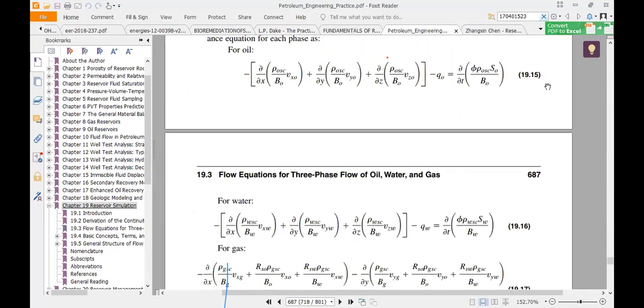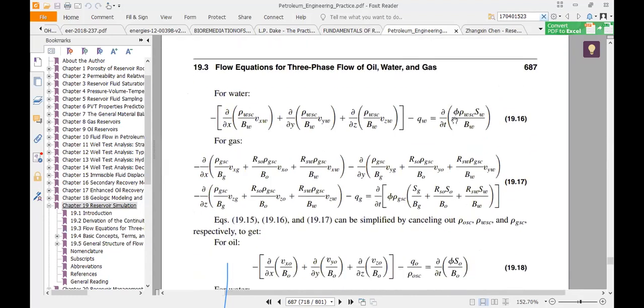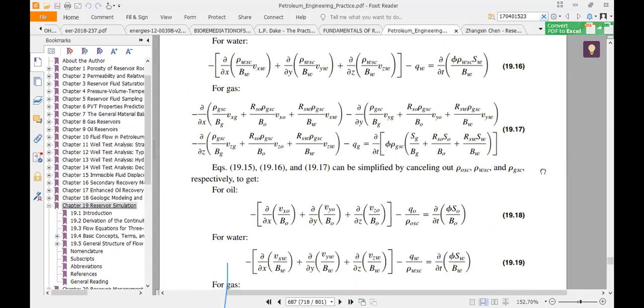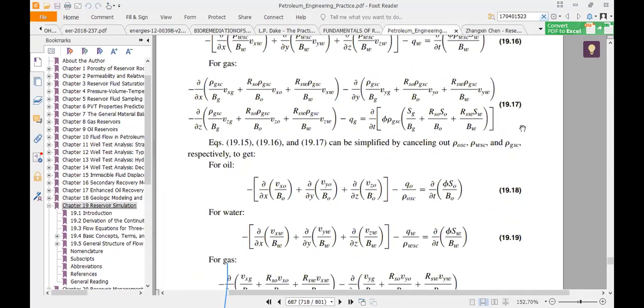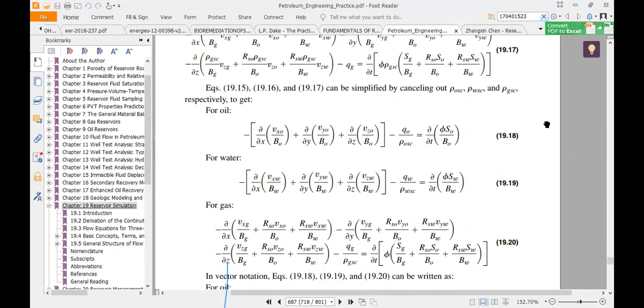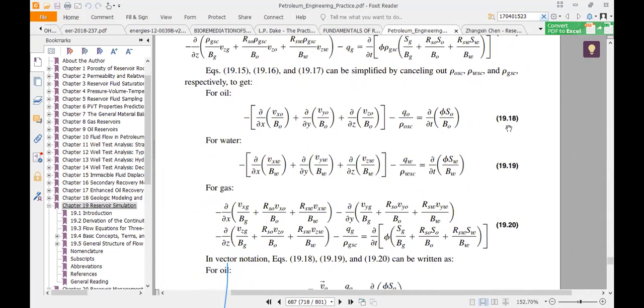So equation 19.15 accounts for the oil phase. Equation 19.16 accounts for the water phase. 19.17 accounts for the gas phase.